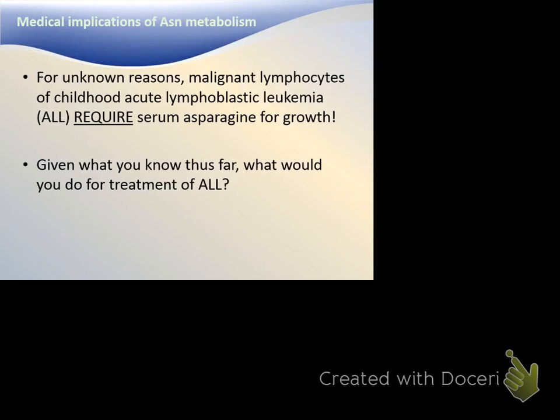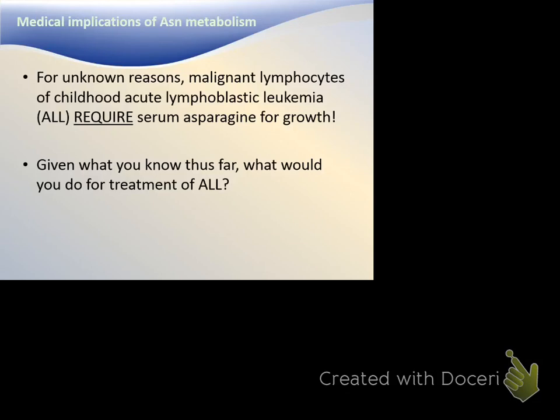But asparagine metabolism also has ramifications. For unknown reasons, childhood acute lymphoblastic leukemia, ALL, requires serum asparagine for growth. Okay, it requires extra asparagine. They don't know the reasons why.